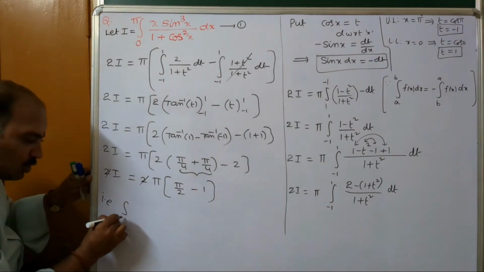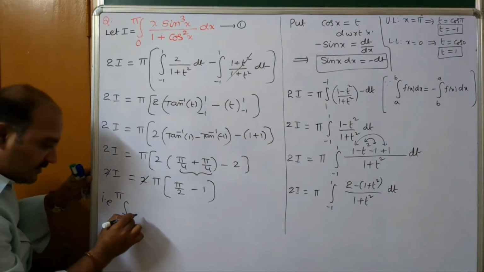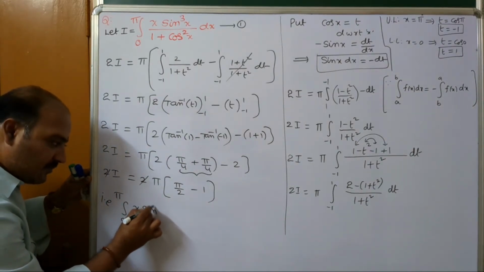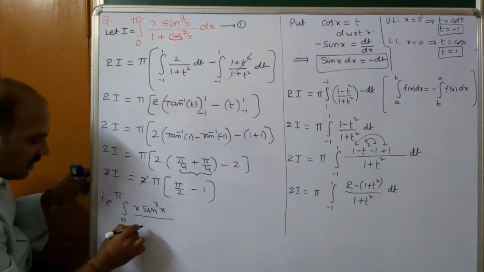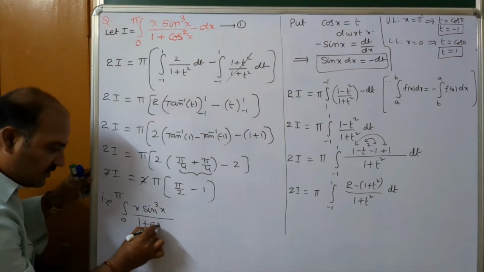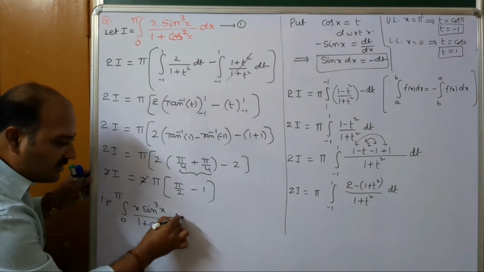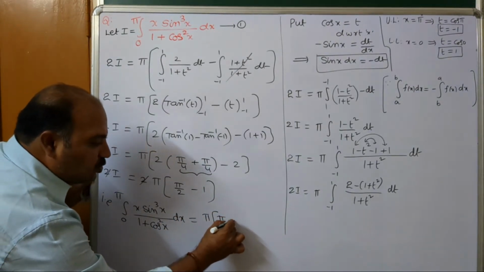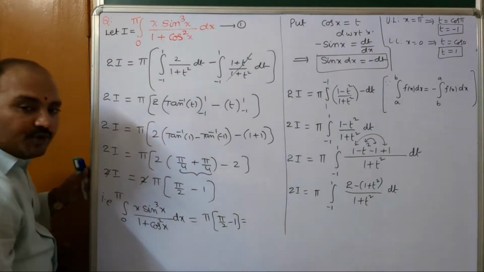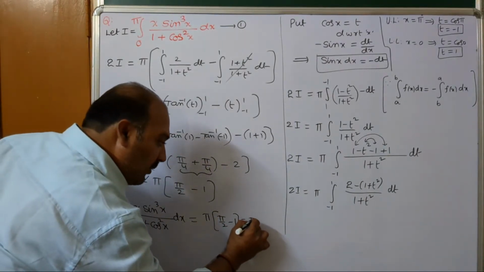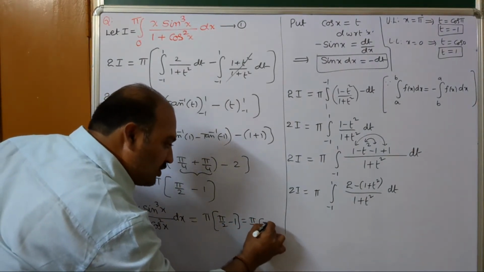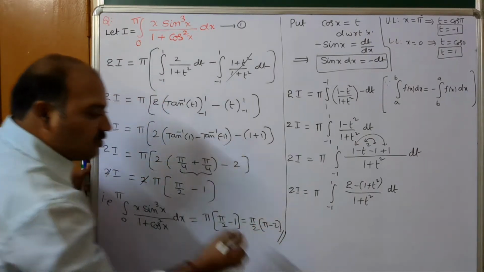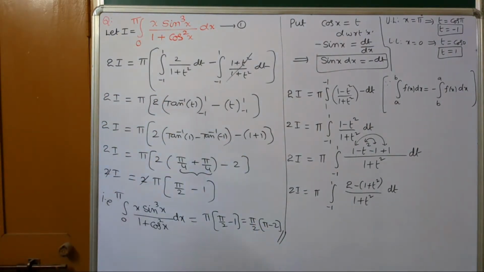Given integral 0 to pi x sin cube x divided by 1 plus cos square x into dx is equal to pi into pi by 2 minus 1. Otherwise, if we take LCM, pi by 2 into pi minus 2. So both the answers are same. Otherwise, pi square by 2 minus pi. Even that also we can write it, dear students.